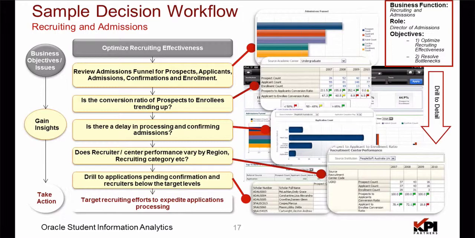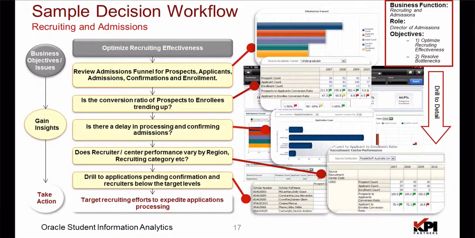So you'd like to now understand whether this has happened across the board, or did one specific college or region or category of applications get delayed. So you drill down further and you see that a specific college, let's say the College of Engineering, was showing much higher time to process than previous years. And you'd like to drill down further to see detailed data of pending applications and the names of recruiters who have been working on those applications.